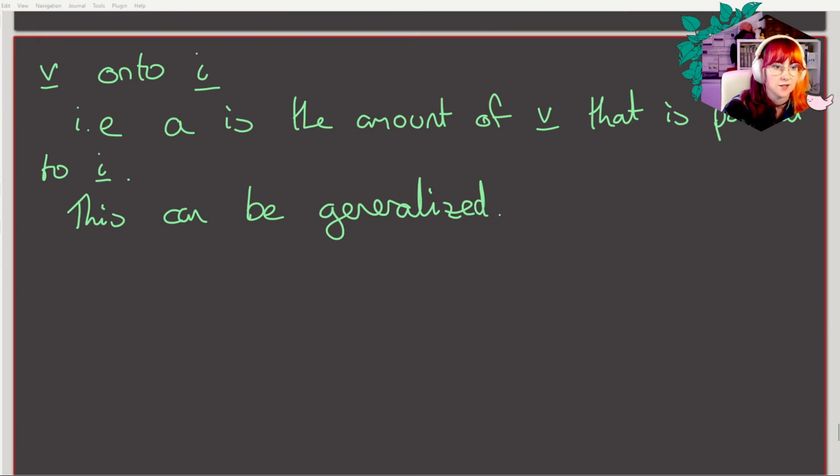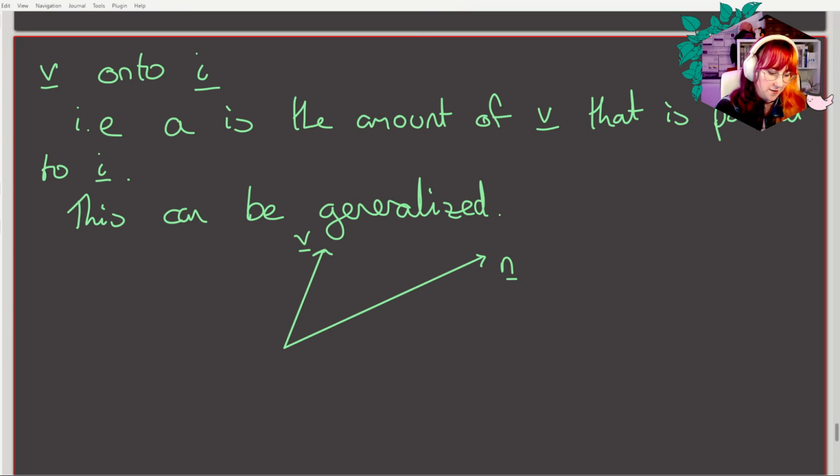So if I take two vectors, v and n, say, then I can work out the projection of v onto n.